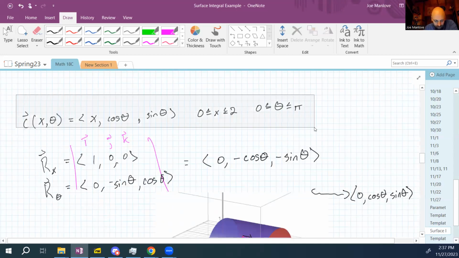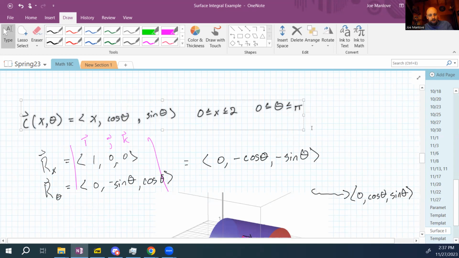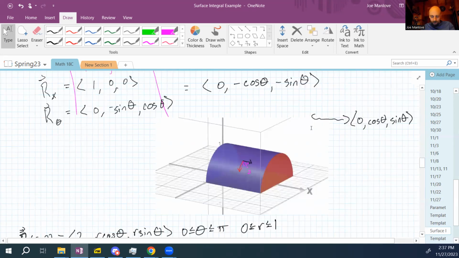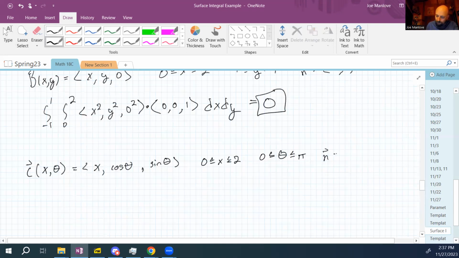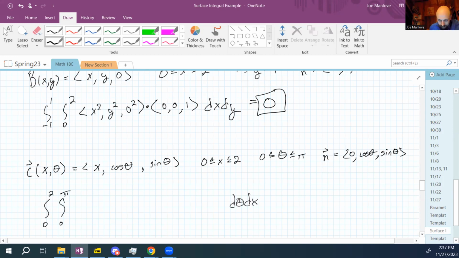I'm gonna go collect the cylinder because I don't remember that one off the top of my head. And we need to remember it's 0 cosine sine. Okay, so cylinder normal vector is 0, cosine theta, comma sine theta. Okay, cool. All right, so now I'm going to integrate. I'm integrating from 0 to 2. I'm integrating from 0 to pi. I just nailed down that those are d theta dx, and I don't want to forget it.